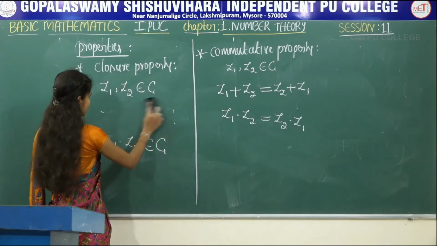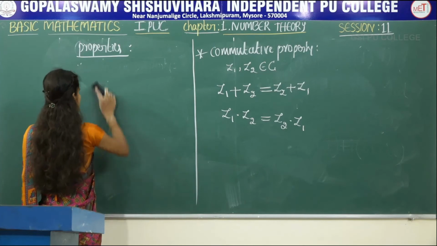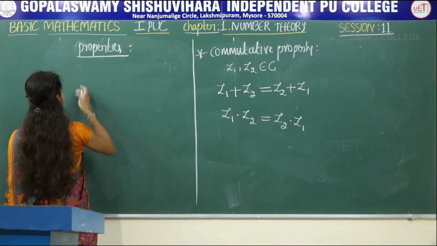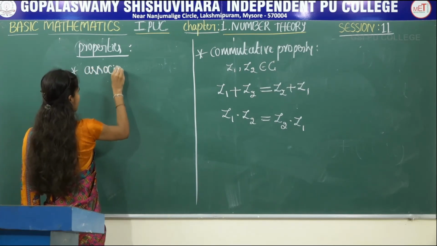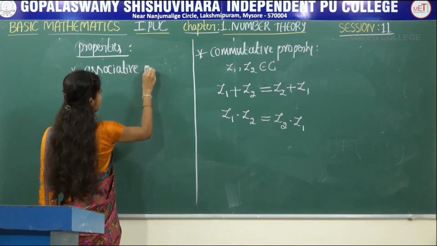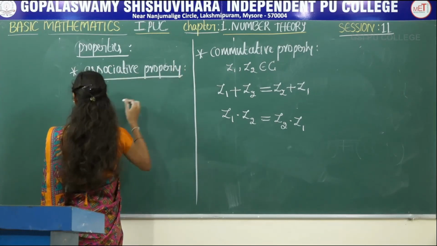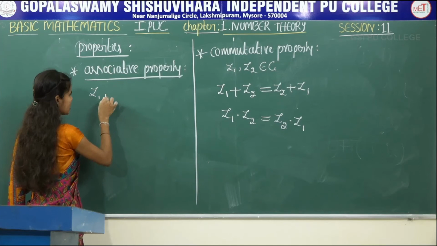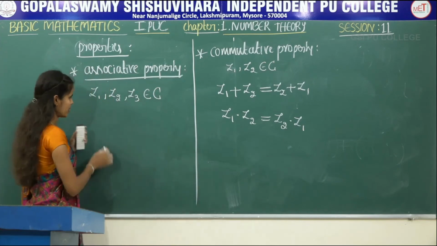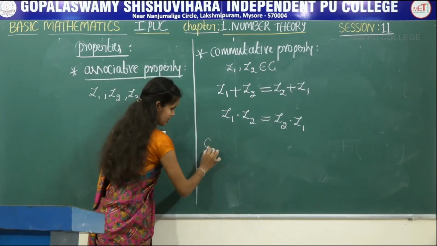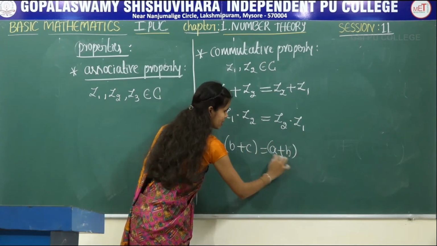Next, the associative property. Consider three complex numbers Z1, Z2 and Z3. In real numbers we write that A plus B plus C is equal to A plus B plus C, grouped differently.